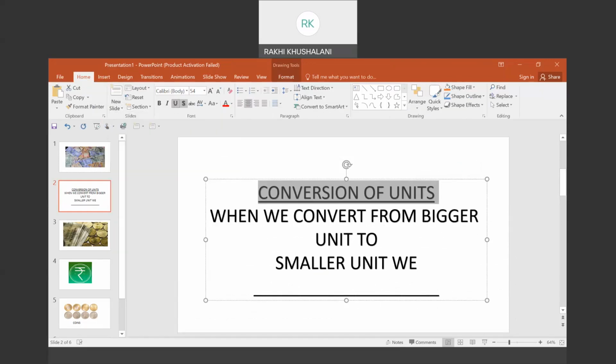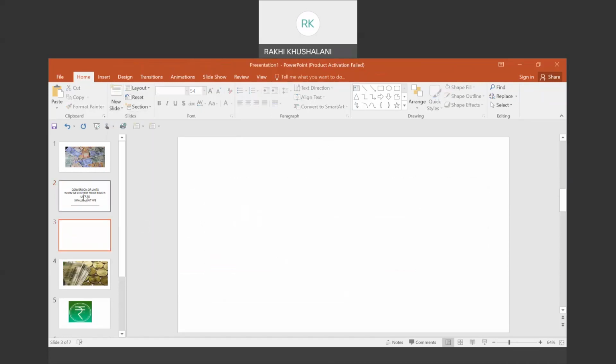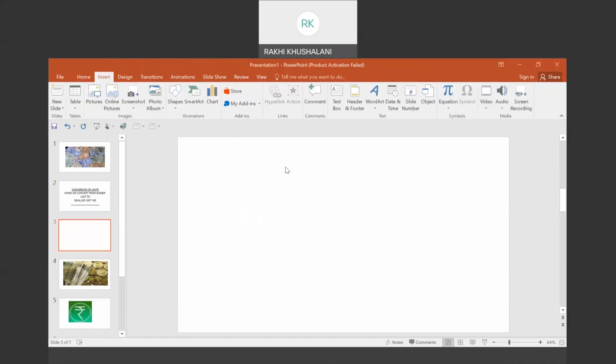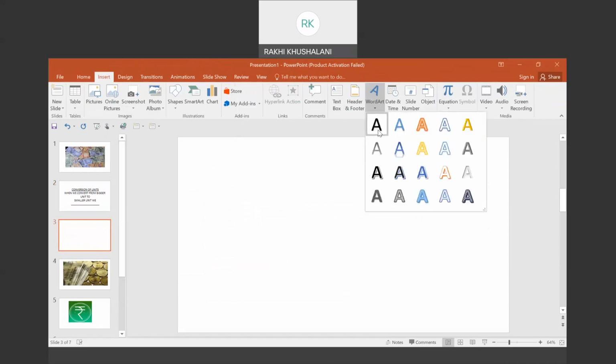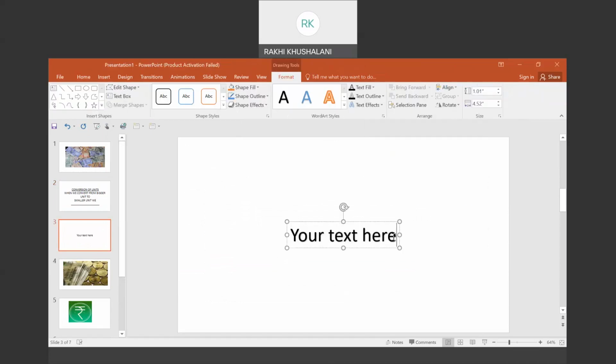Conversion of units when I convert from bigger unit to smaller unit, B dash. You have to mug it up, remember it always and answer it as fast as you can. Next one that you have to answer, find out and answer me with examples, not compulsorily of money only, it is applicable universally.